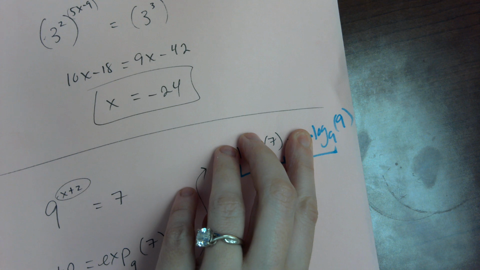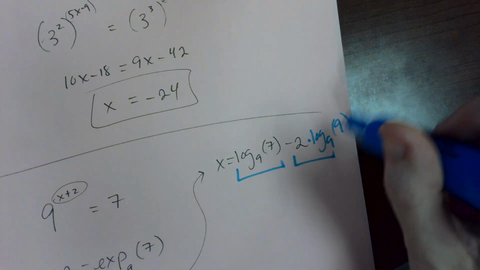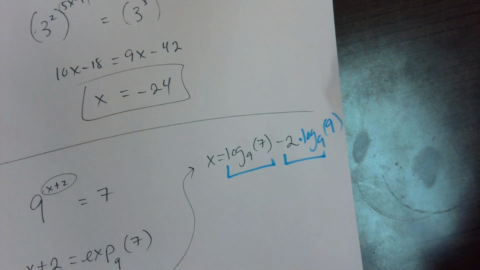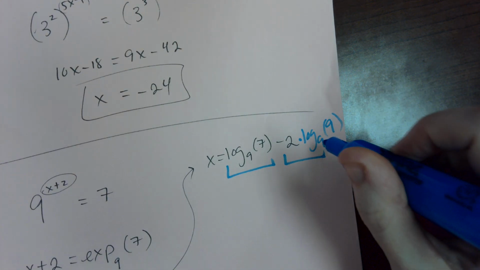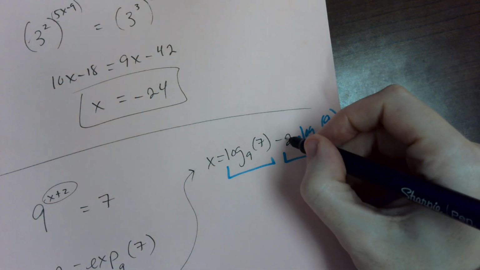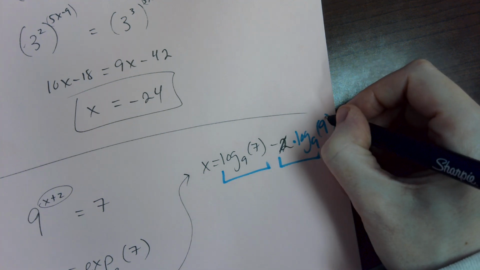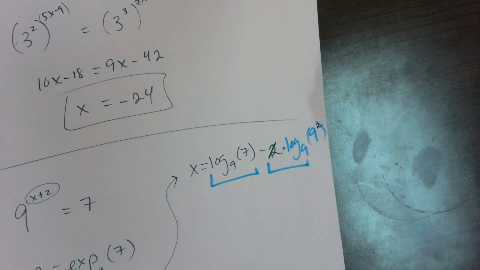So log base 9 of 9 is equivalent to 1, which is why we are allowed to just multiply by it. Because multiplying by 1 does not affect the value of something. It just is allowing us to write it in a different form. So after you do this move, what if you have a coefficient in front like this, you're just going to take it and put it inside as an exponent.